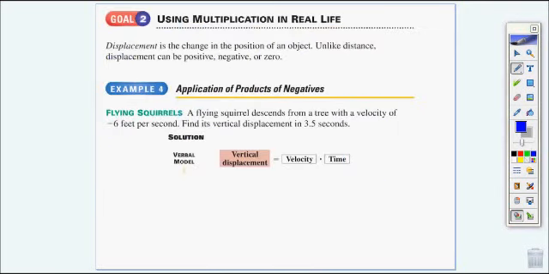All right. Now we're going to use it in real life. So we have some flying squirrels. That's real life for you. See those all the time. A flying squirrel descends from a tree with a velocity of negative 6 feet per second. Find the vertical displacement in 3.5 seconds.